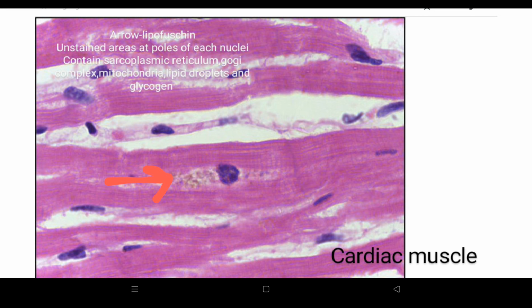And these regions do not contain the lysosome. As lysosomes are absent, the lipofuscin pigment is accumulated.